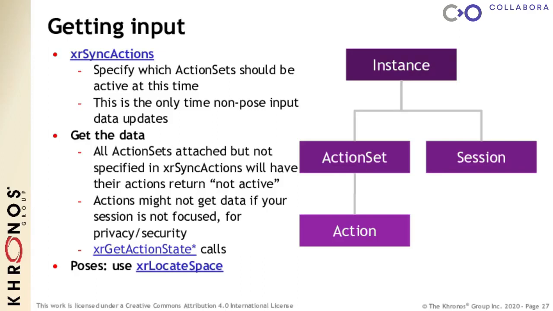To get the data from a pose action, you'll usually just create an XRSpace for it and then use XRLocateSpace. Only the active-inactive state of a pose action is controlled by XRSyncActions. Typically, you'll process most of your input either before you call XRWaitFrame and XRBeginFrame, or after XREndFrame.